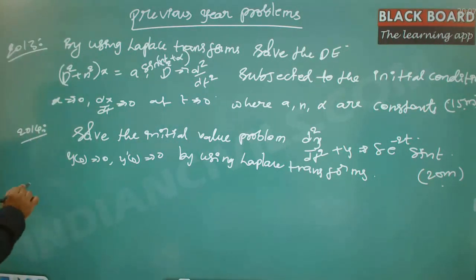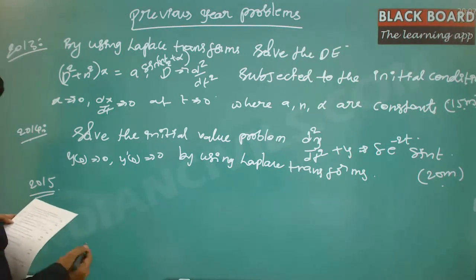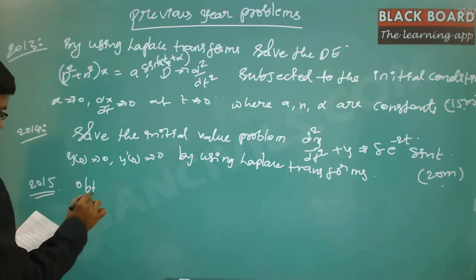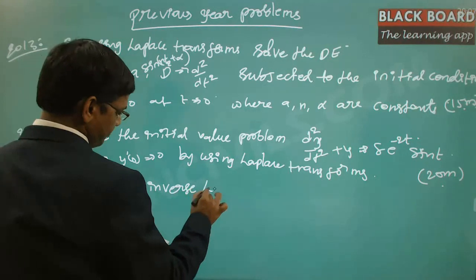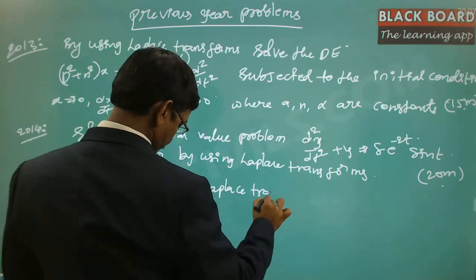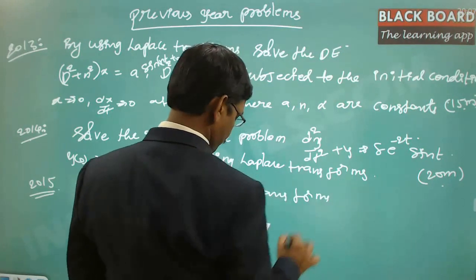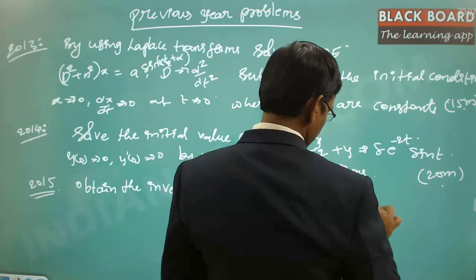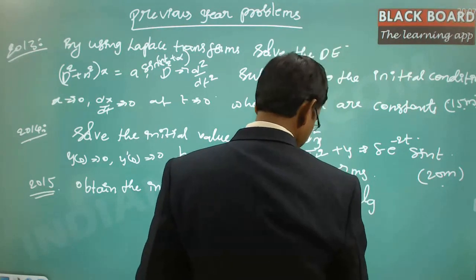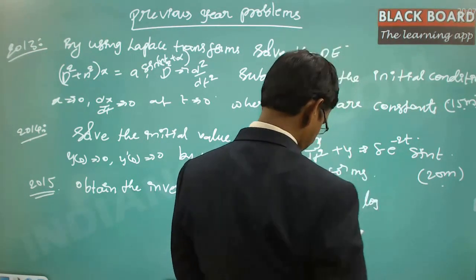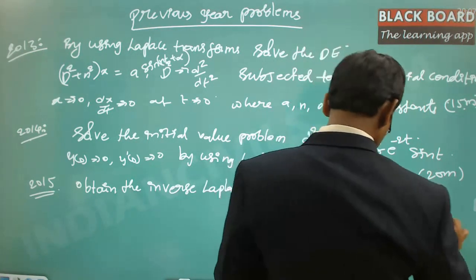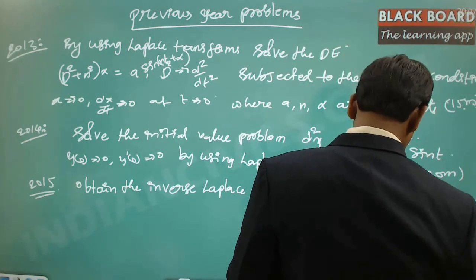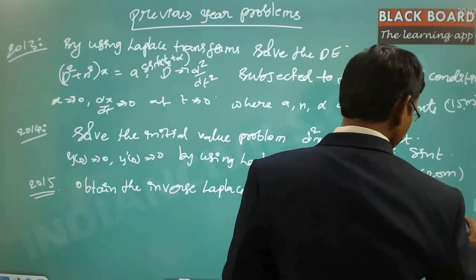And then in 2015, obtain the inverse Laplace transform of log of (1 plus 1 by s square) plus s by (s square plus 25) e power minus rs.